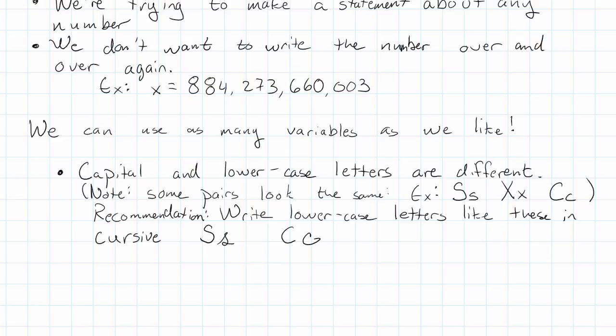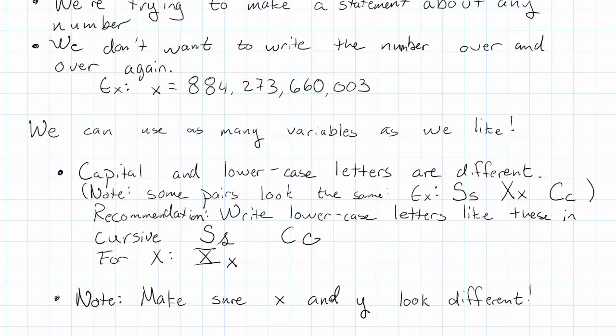Because the cursive x is so awkward to write, and we use the variable x so often, x is typically an exception. So we'll write capital X with bars on it, and then little x just like little x.